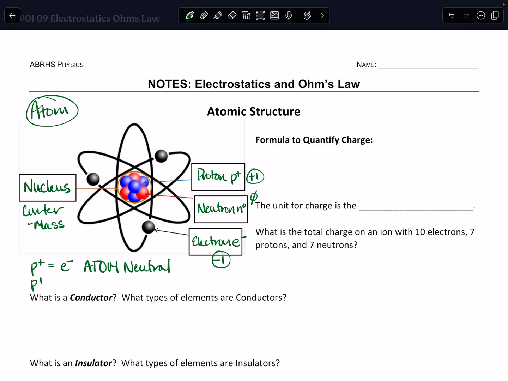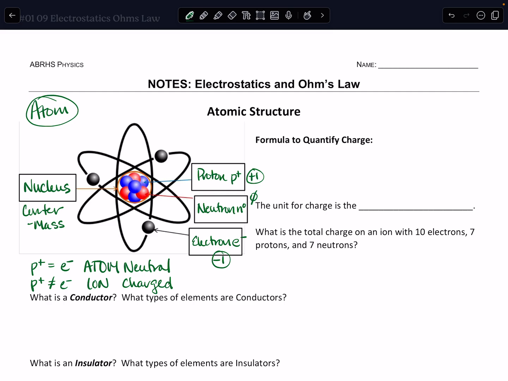We learned that if the protons do not equal the electrons, then we have an ion, which is charged. And when we have charged ions, they can interact with each other, or depending on the type of element, those electrons may jump from atom to atom. When they jump from atom to atom, we call that fluid electrical charge. That is where our electrical current comes from that we then use for all the stuff in our house.